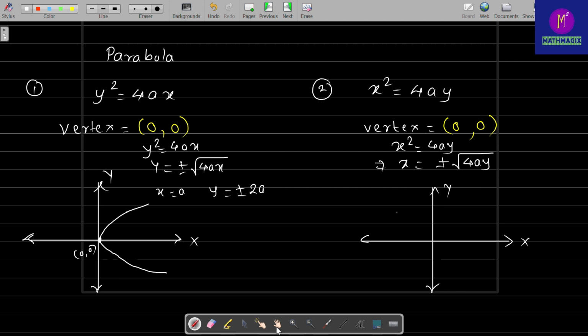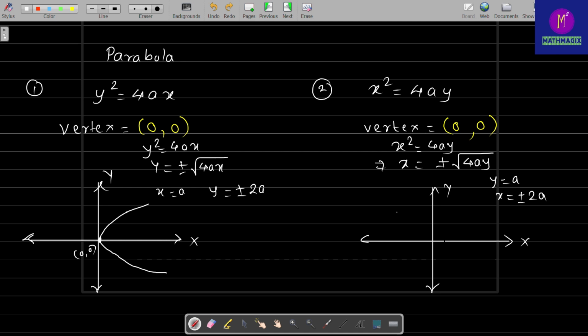Now we can easily see that if I take any positive value of y, obviously we have to take only positive values, we can't take negative values, otherwise it will turn out to be a complex number. So for any positive value of y, we get two values of x, one positive and one negative. If I put y equal to a, I get x as plus minus square root of 4a square, that is nothing but plus minus 2a.